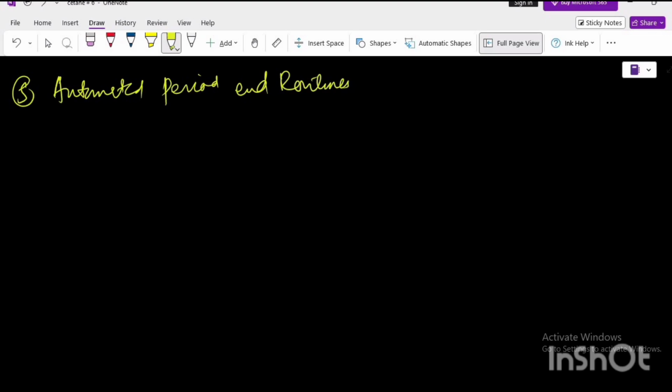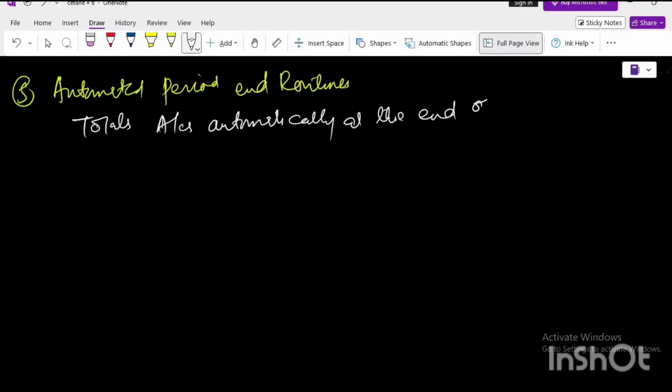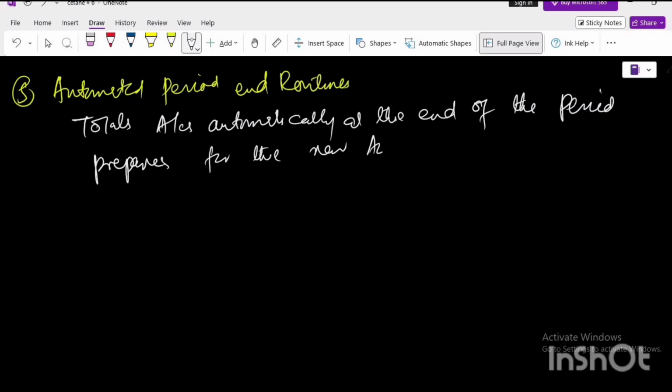So it totals accounts automatically at the end of the period. And the second thing is that it prepares for the new accounting period.